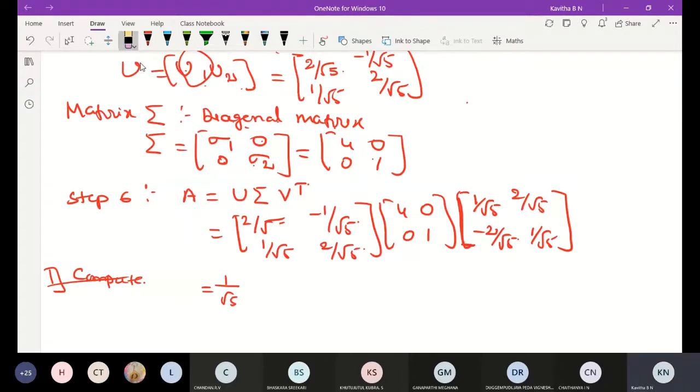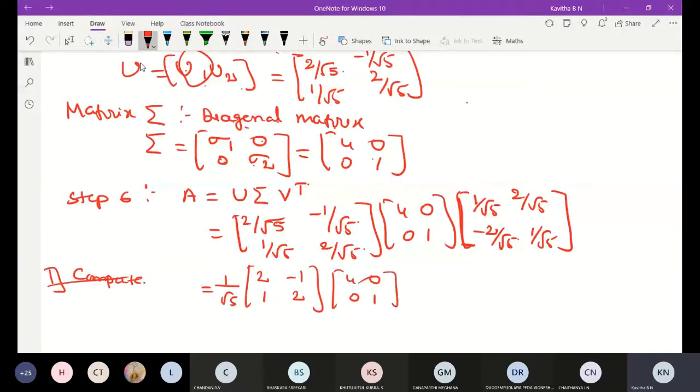One by root 5. Okay, here 2 minus 1, 1 2. Then 4 0 0 1. Here also take 1 by root 5 outside. Then 1 2, minus 2 and 1.